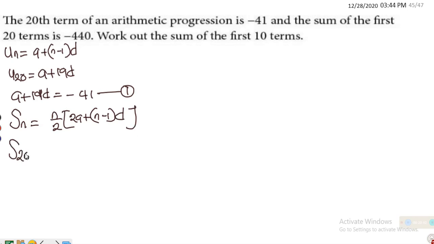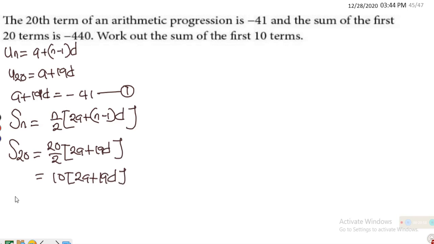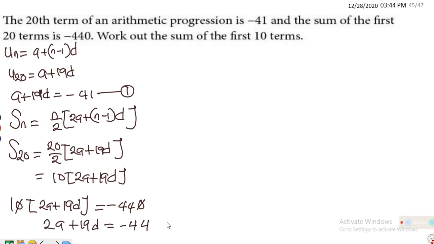So S20 equals 20 over 2 into 2a plus 19d. So this is 10 into 2a plus 19d, equal to minus 440. If we divide by 10, we have 2a plus 19d equals minus 44. We call this equation 2.